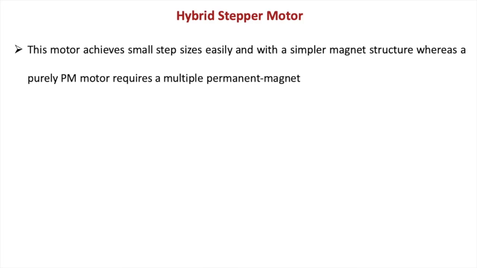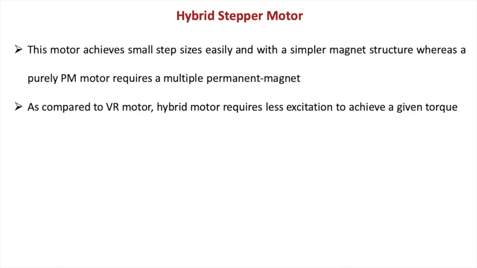This motor achieves small step sizes easily and with a simpler magnetic structure, whereas a permanent magnet motor requires multiple permanent magnets. That is the advantage of this hybrid system. As compared to the variable reluctance motor, the hybrid motor requires less excitation to achieve a given torque.